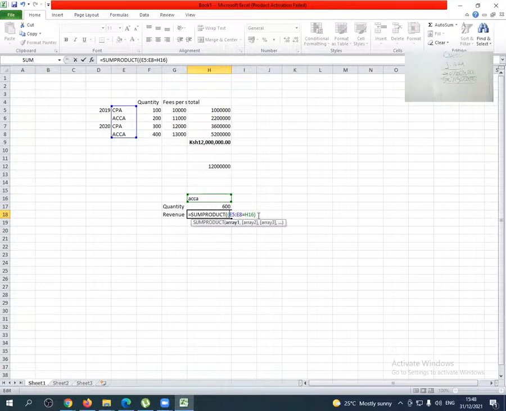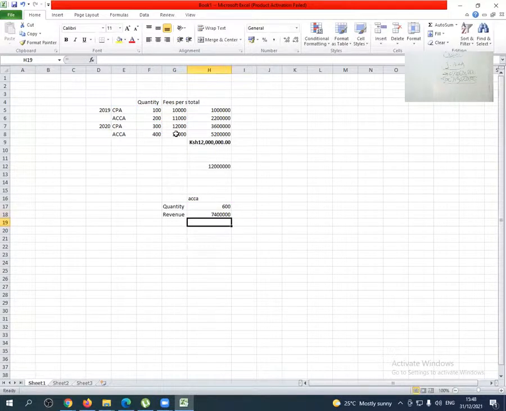Once you do that, ladies and gentlemen, now you need to say times. Now you pick the first array. Quantity times the fees per student. You close. So if you do that, then you'll be able to see here that ACCA gave us 7.4 million.